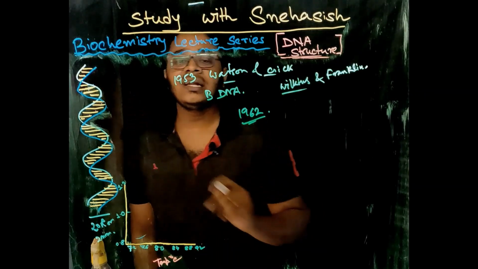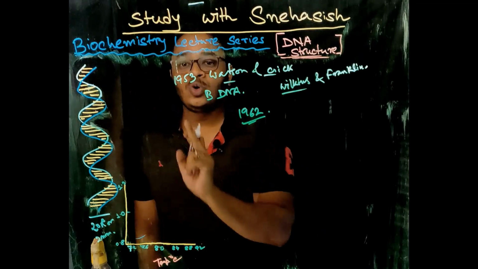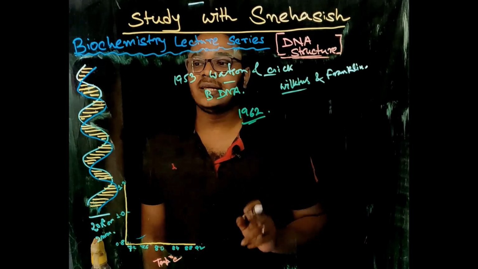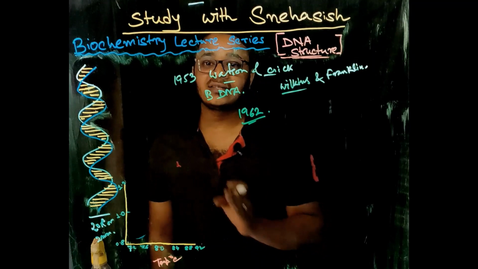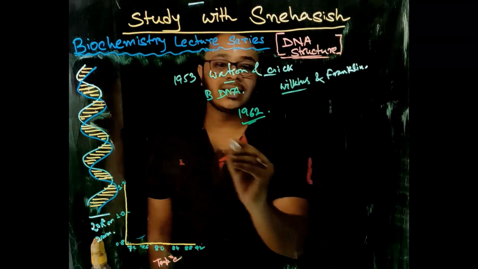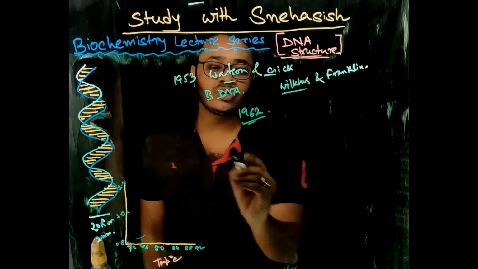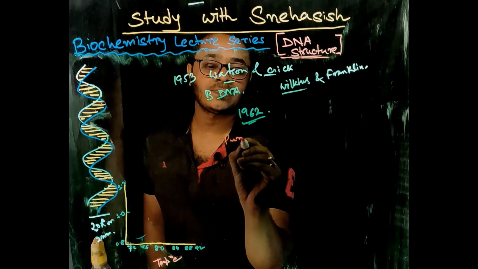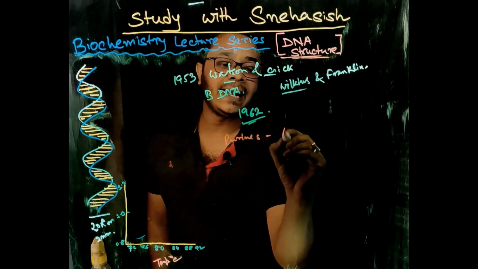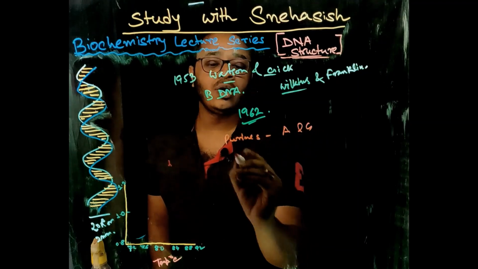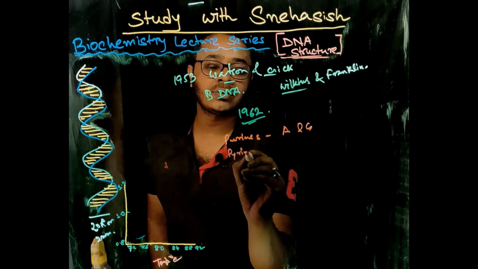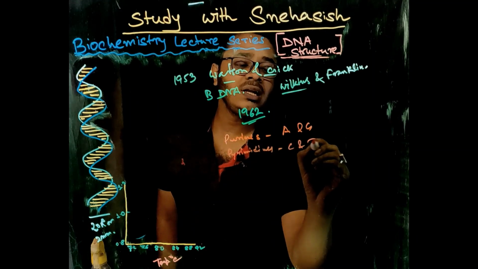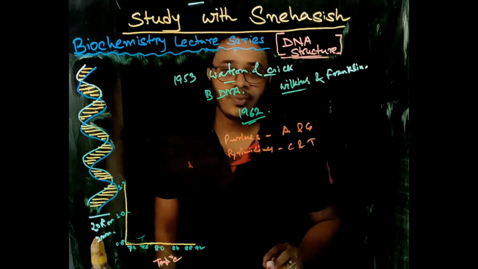It consists of two polynucleotide strands which have a series of purines and pyrimidines, which are the nucleotides. What are purines? Purines involve adenine and guanine, whereas the pyrimidines include cytosine and thymine in case of DNA.